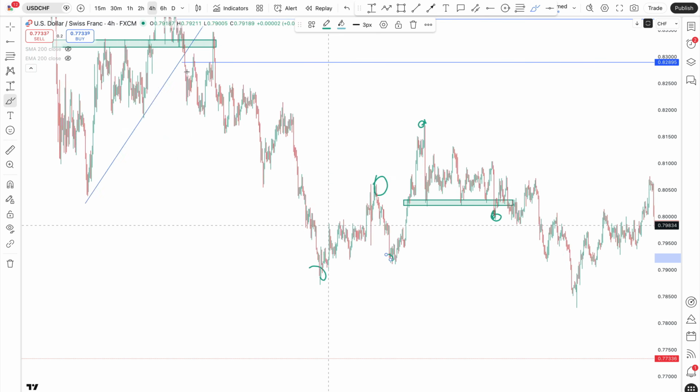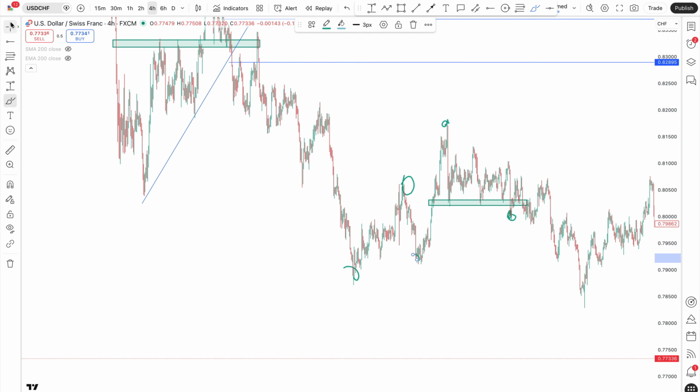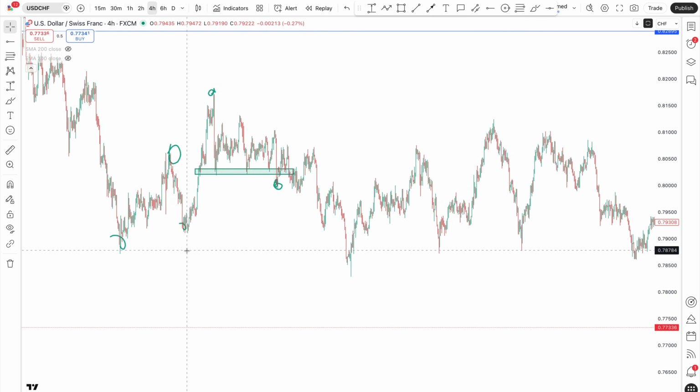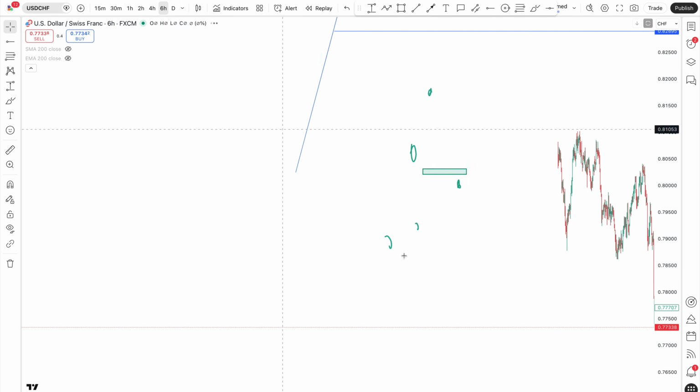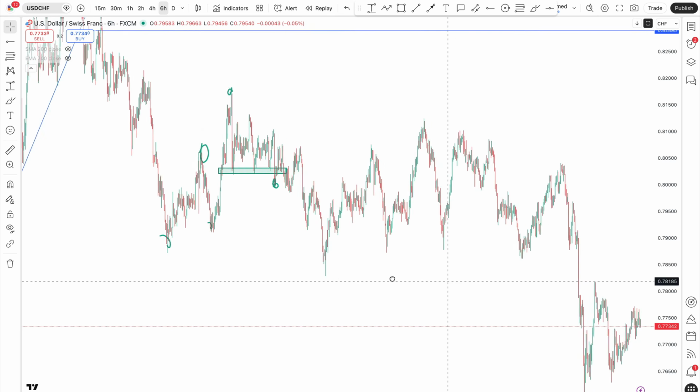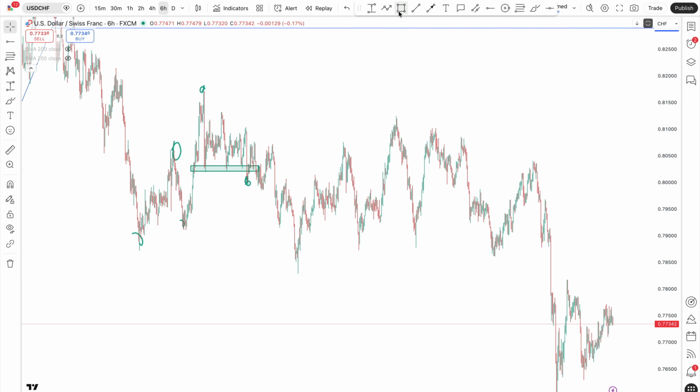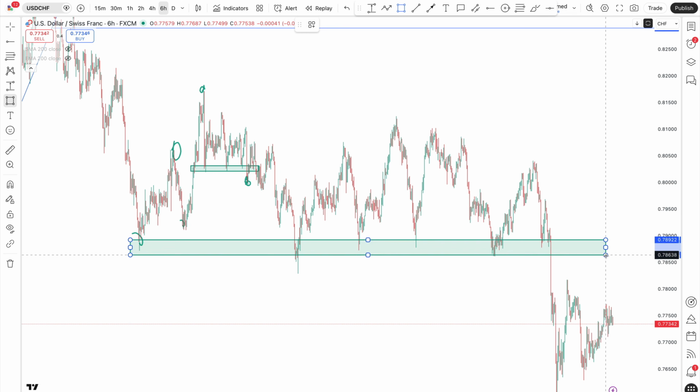So I'm going to zoom out, excuse me, to show you what I'm talking about. If you go to the 6 hours time frame, you could notice that we have a good area of support here. This is where multiple time frame analysis comes in. I think we have a video on that.